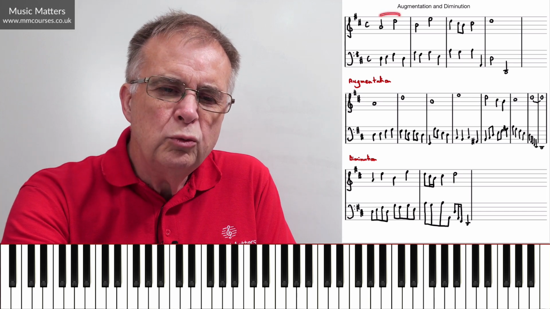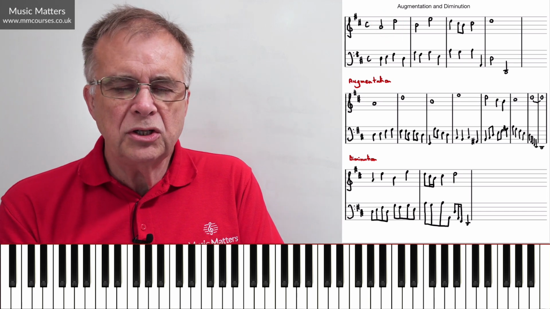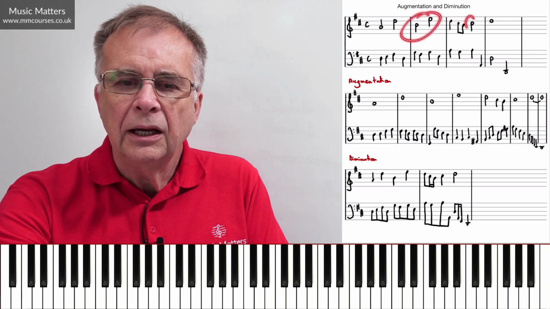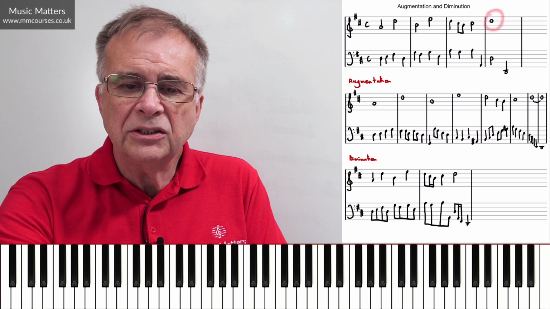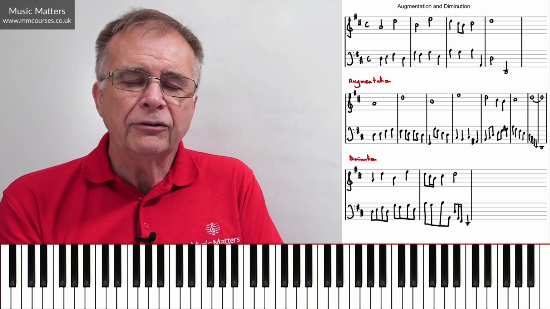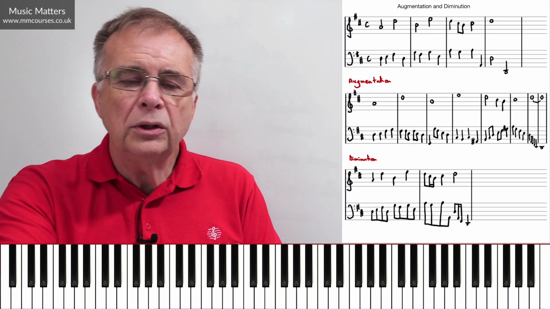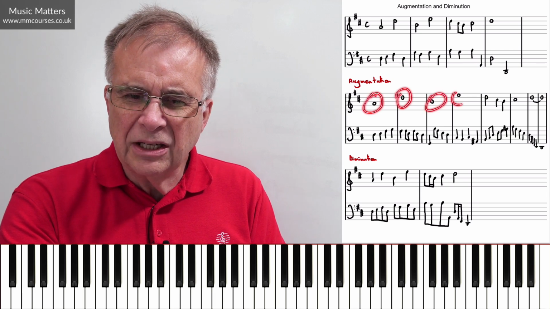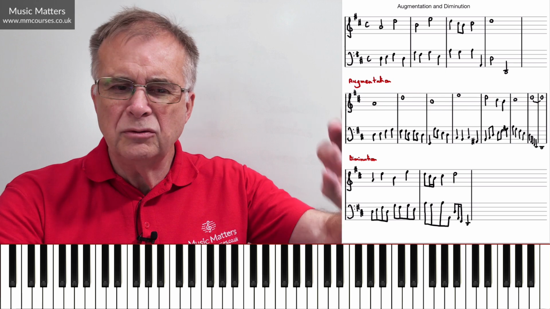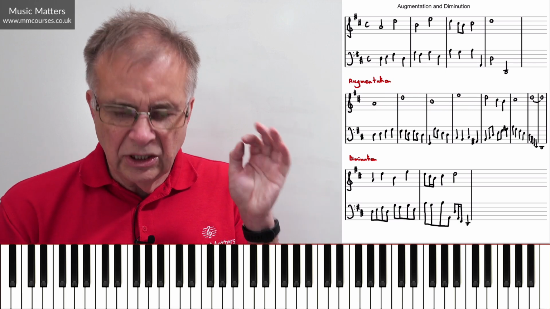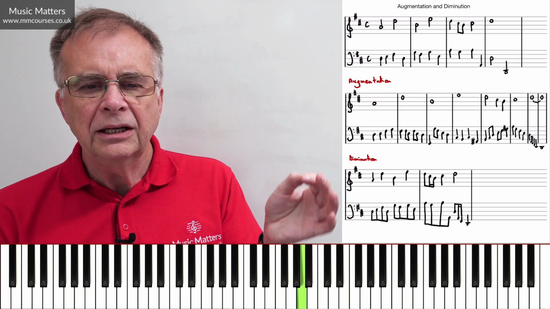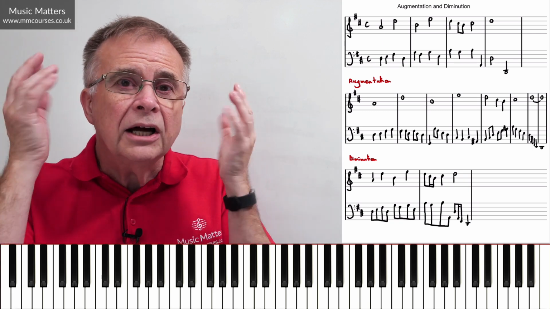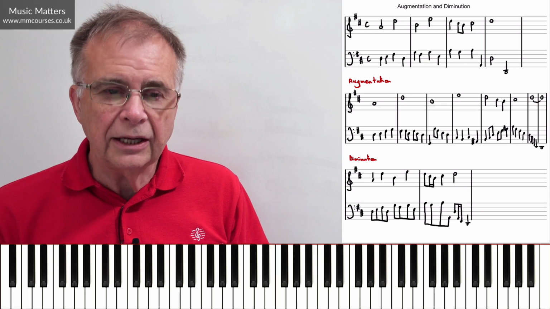If you've got reasonably long notes in the original, so we've got 2 beats on each of these notes, and then we've got 4 beats on this, there's only a bit of movement in the middle. Of course, when you augment it, all these 2-beat notes become 4-beat notes, which means that the melody is not really moving so much. 1, 2, 3, 4, 1, 2, 3, 4, and so on. You start to lose the thread of the melody, if you like.